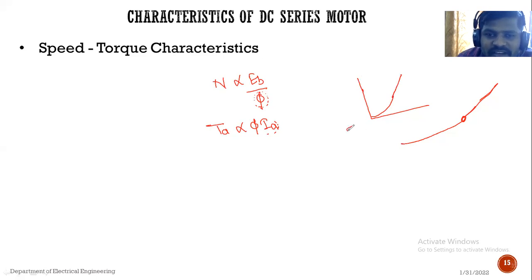That means torque is directly proportional to Ia square up to this point, and after this point torque Ta is directly proportional to Ia.